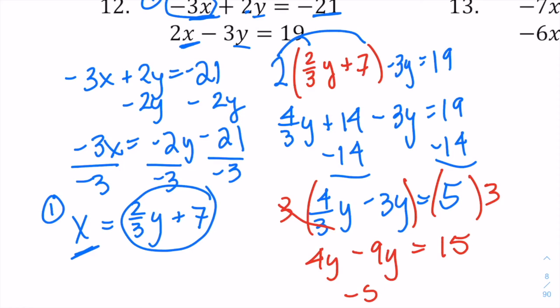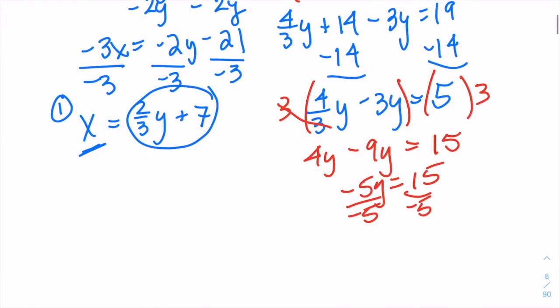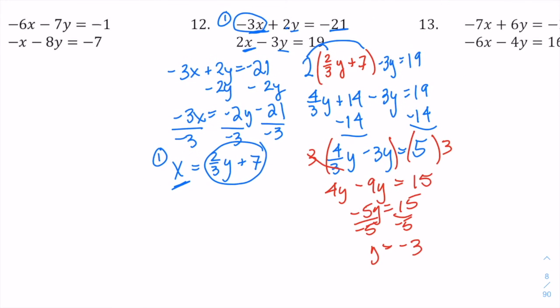All right, so we have negative 5y equals 15, and we divide by negative 5 on both sides to get that y is equal to negative 3. Great. So that's only our first variable, though. So let's go ahead and solve for our second variable. I'm going to go into the first equation. Negative 3x plus 2 times negative 3 equals negative 21.